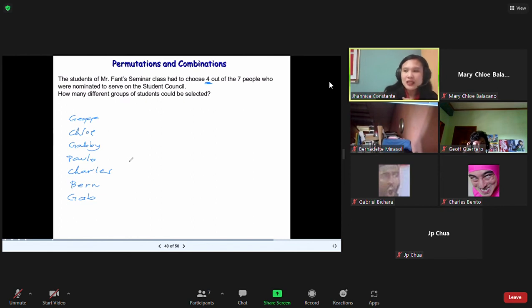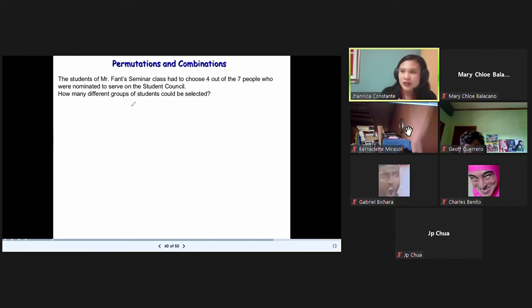Okay? So since it's a combination, we're going to use the formula for combination, which is nCr is equal to n factorial over n minus r factorial multiplied to r factorial. So our n has a value of 7, since 7 people ang pagpipilian natin.